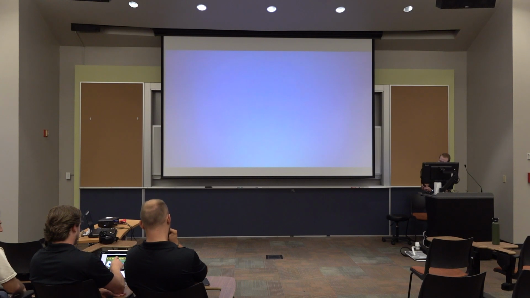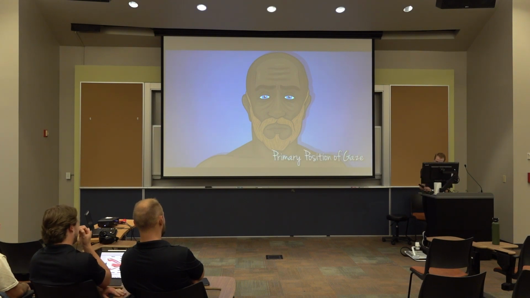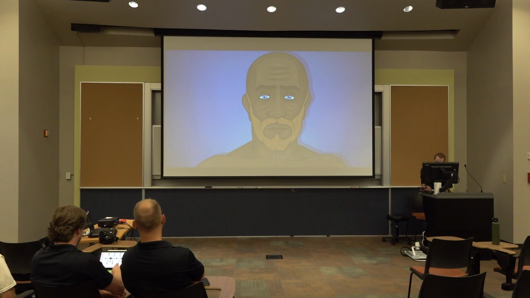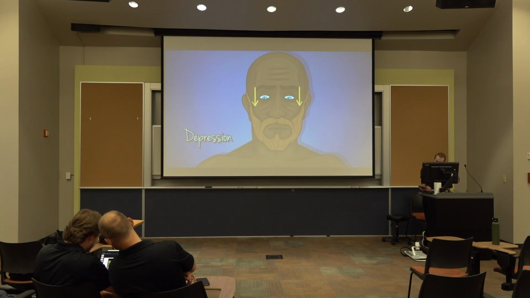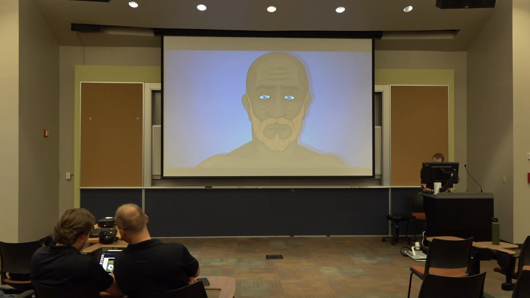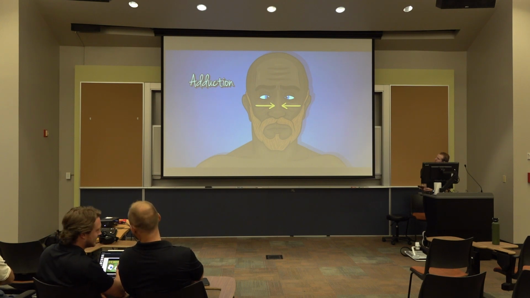Let's begin by talking about those basic eye movements. In the anatomical position, both eyes look straight ahead. This is called the primary position of gaze. In elevation, the pupil moves upwards. In depression, the pupil moves downwards. In adduction, the pupil moves towards the nose.